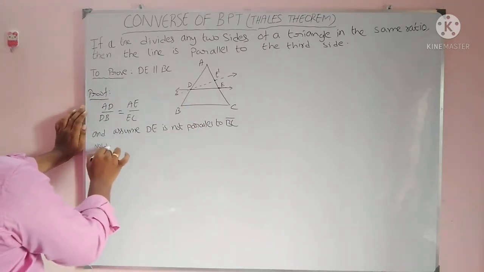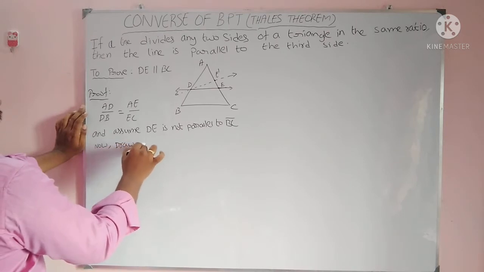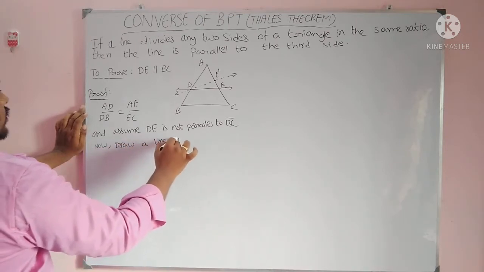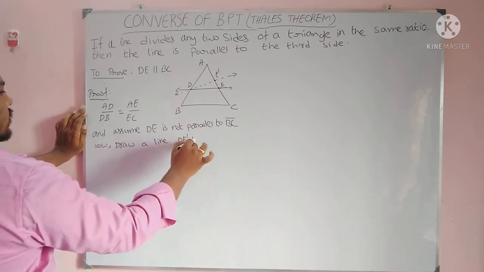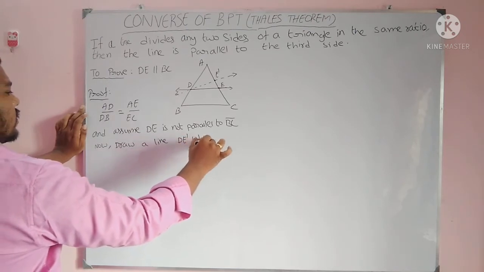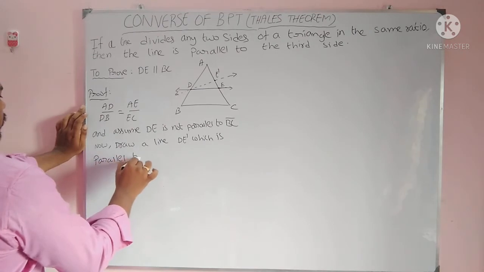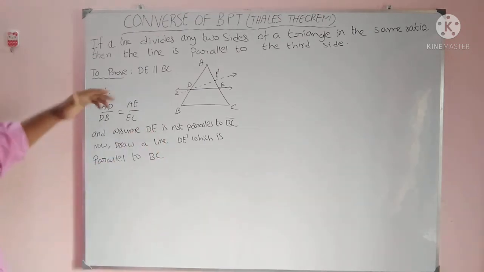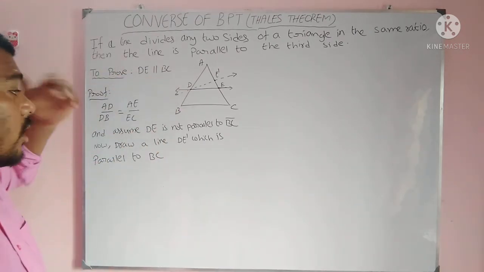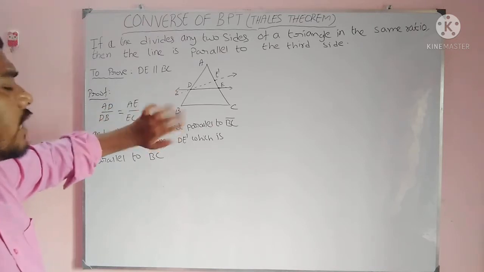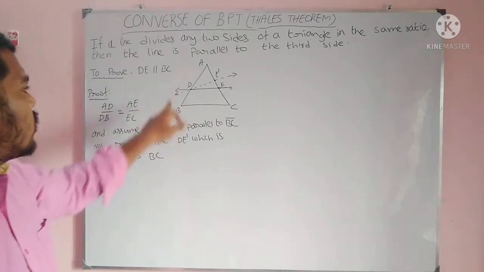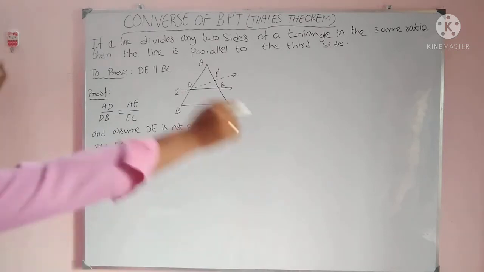Now draw a line DE dash which is parallel to BC. Clearly, we assumed DE is not parallel, so there must be one line, which I am assuming as DE dash.